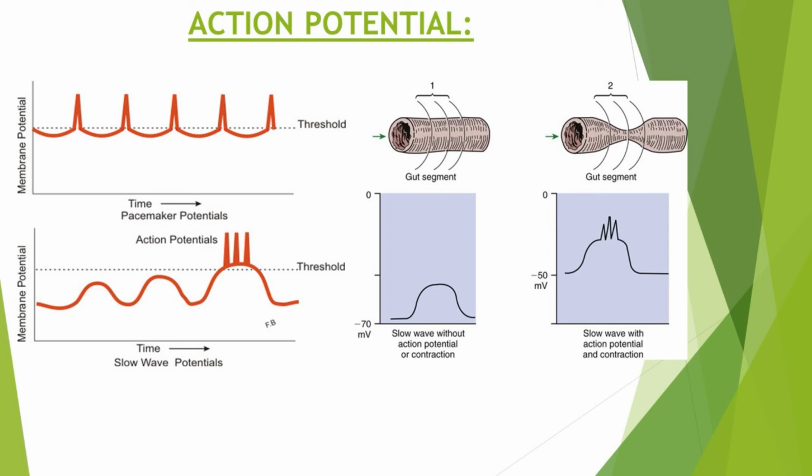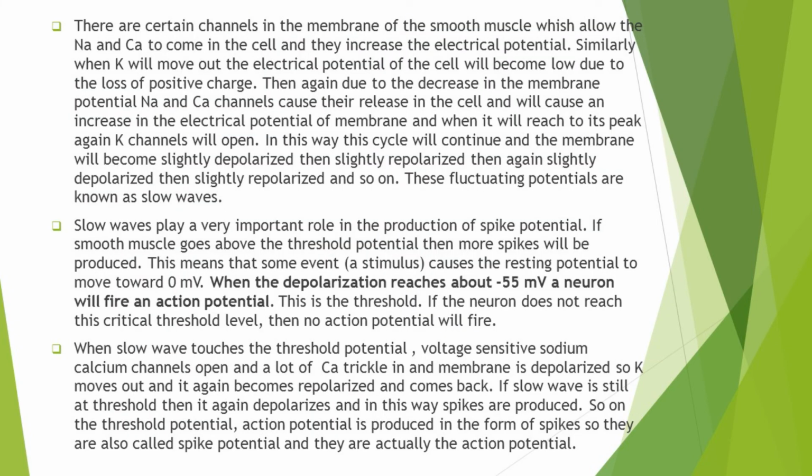When the peak of the slow wave touches the threshold potential, voltage sensitive sodium channels will open and cause a lot of calcium to trickle into the cell, and the membrane is depolarized. Potassium will then move out due to this activity, and the membrane is repolarized and comes back to its original condition. If the slow wave is still at threshold, it depolarizes again, and in this way spikes are produced.